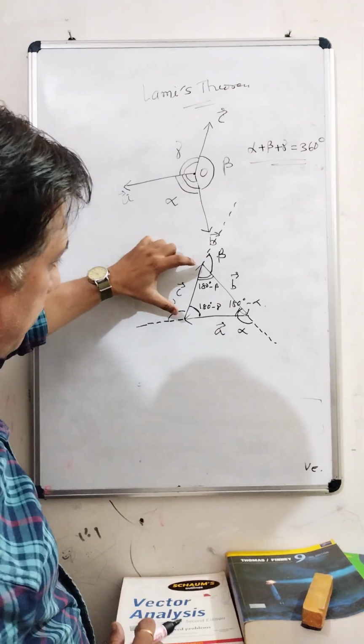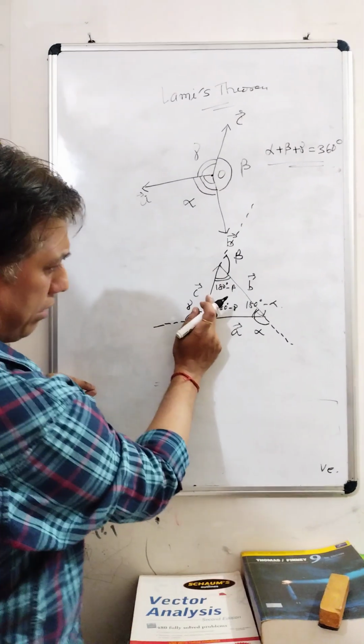Now this vector has got this angle in front of it.